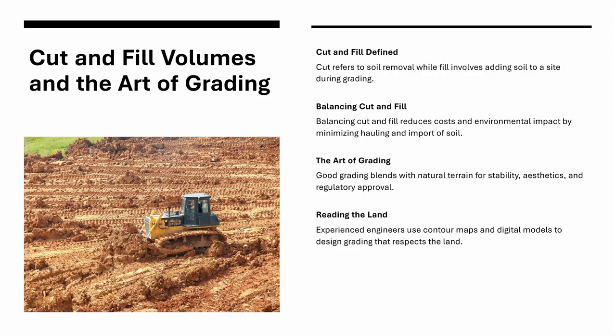Then we have volumes, or cuts and fills. One of the main reasons that grading groups exist is to calculate these earthwork volumes. Our cuts are the soil that needs to be removed from an area. Our fill is the soil that needs to be added. Balancing our cut and fill within a single site is both an economic and environmental goal. Too much excess cut and you must haul soil off-site.